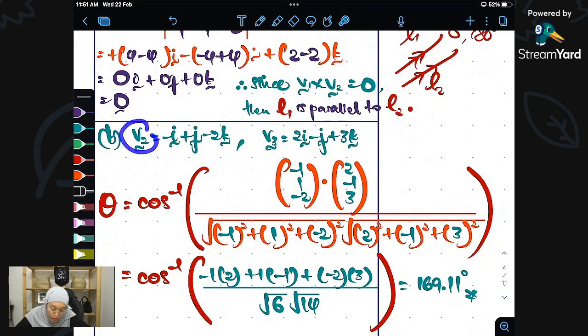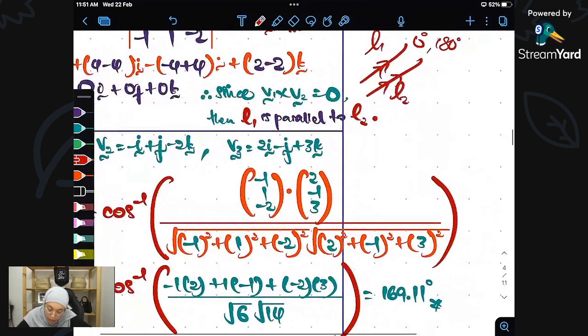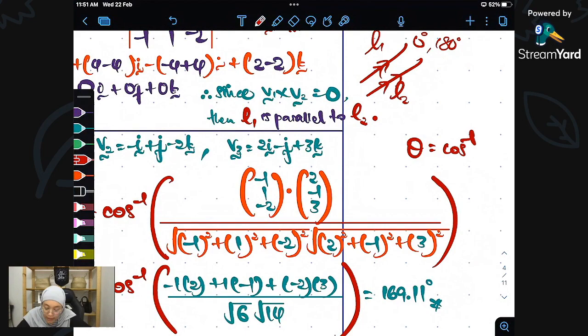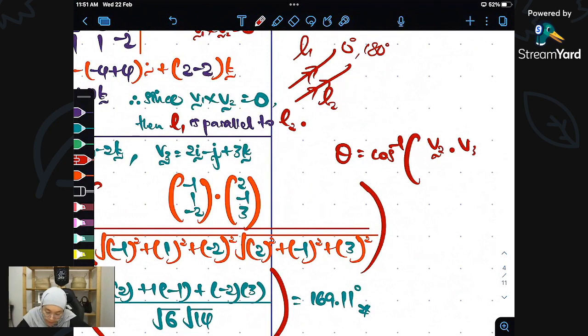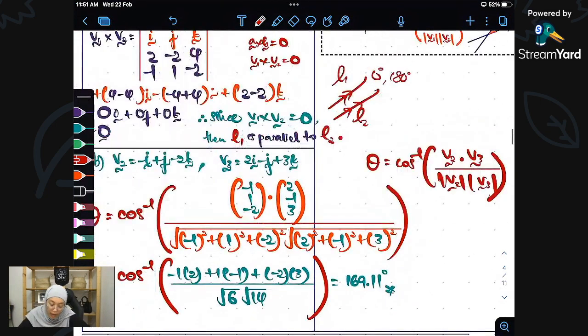So V2 juga saya dah tahu dengan sangat jelas, negative 1, positive 1, negative 2. So this is my formula dia sebenarnya beginilah. Kena hafal, theta is equals to shift cos V2 dot with the V3 and then divide with its magnitude. Okay, magnitude-nya masing-masing.